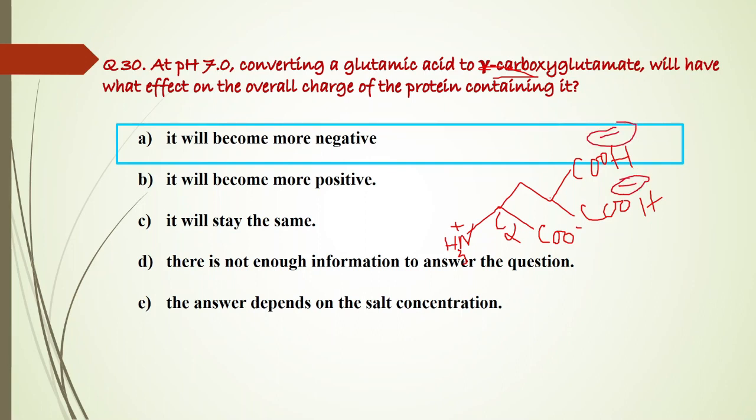So overall the charge of the protein will change because previously you had two COO minus groups, and now after converting to gamma carboxyglutamate you have three COO minus groups. So it will become more negative.